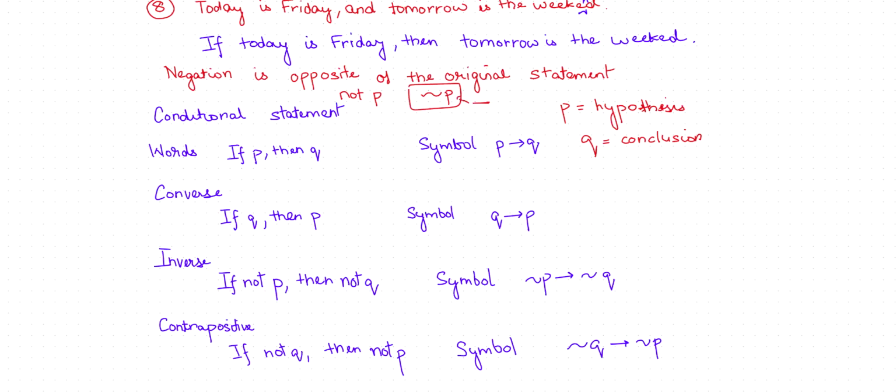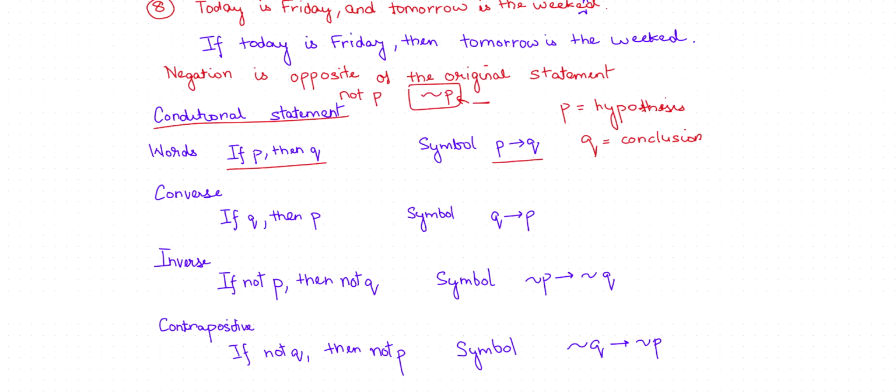Okay. Now the conditional statements. The first statement is like, if P, then Q. When we write if P, then Q, the symbol is P arrow Q. Okay. And P is the hypothesis and Q is the conclusion.